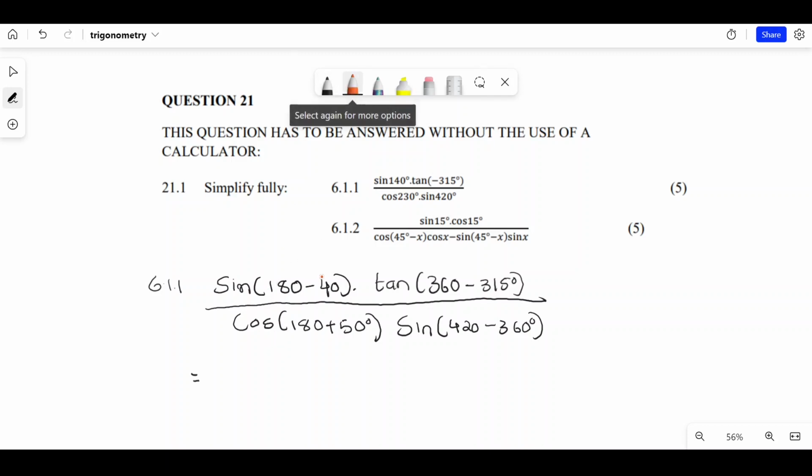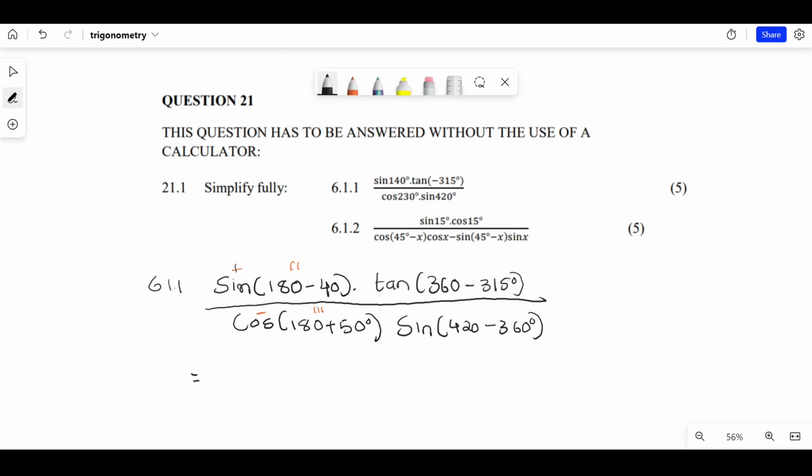Now let us analyze what you have written. 180 minus 40 is in the second quadrant and sine is positive. Here you just subtract. Here also you just subtract. This is third quadrant and cos is negative. Okay, let's write the answers now.